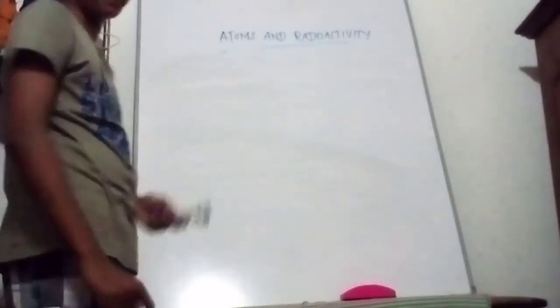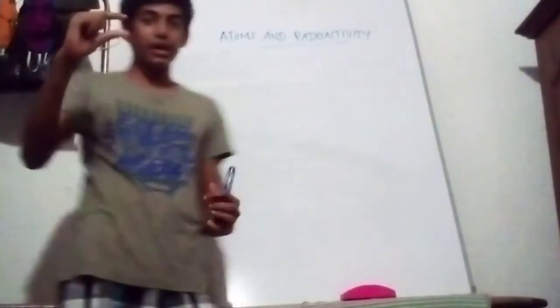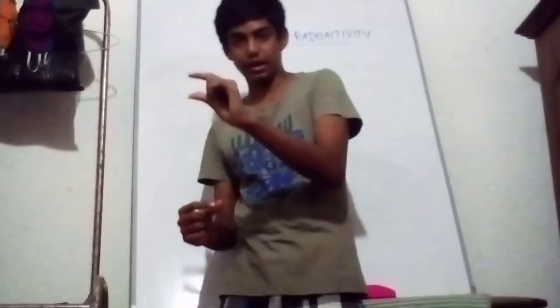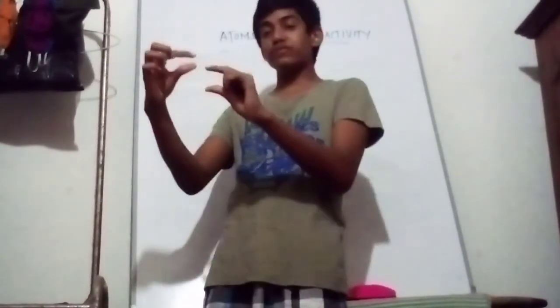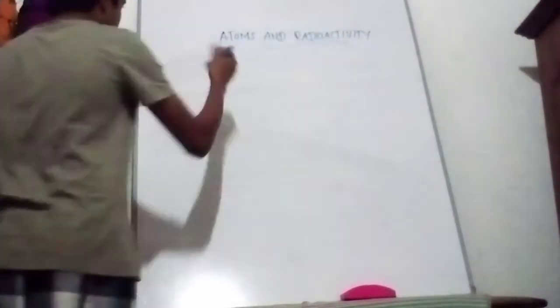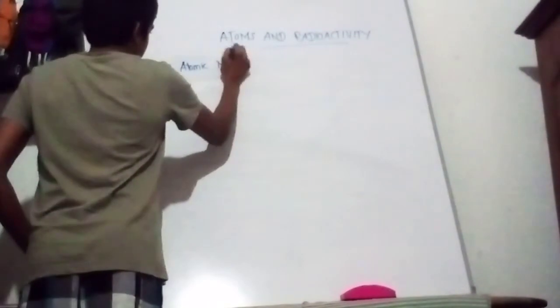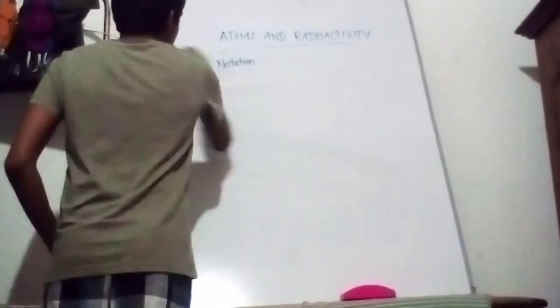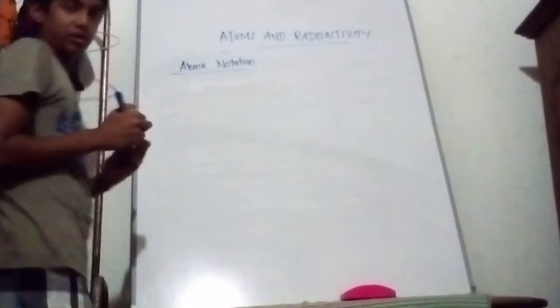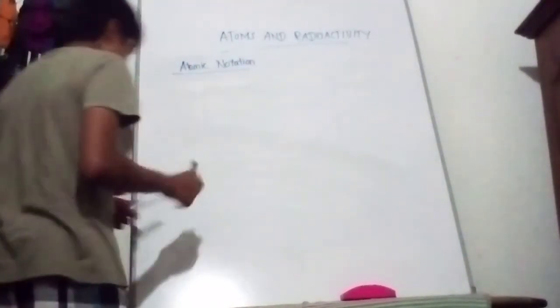And now maybe you have seen in the periodic table, they give a letter for a particular element, and they give the mass number and they give the atomic number. So this is called the atomic notation. This is the atomic notation which you are going to get now.